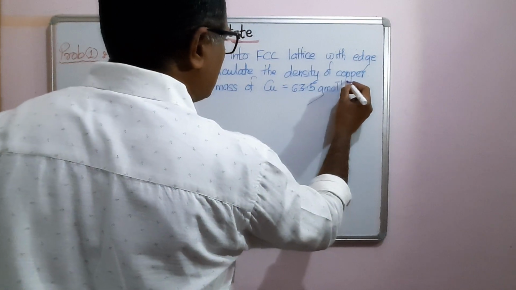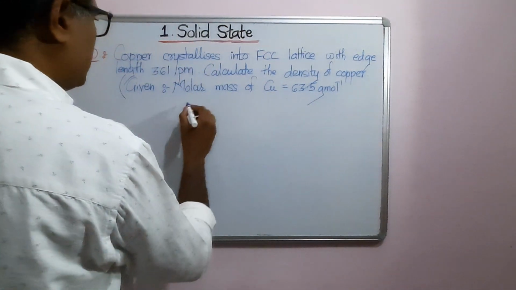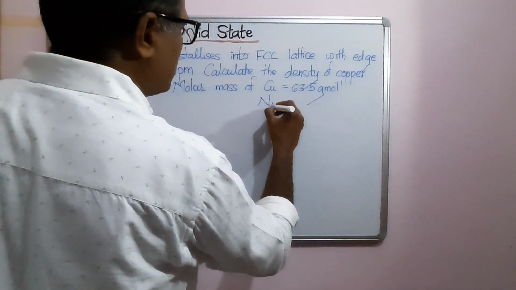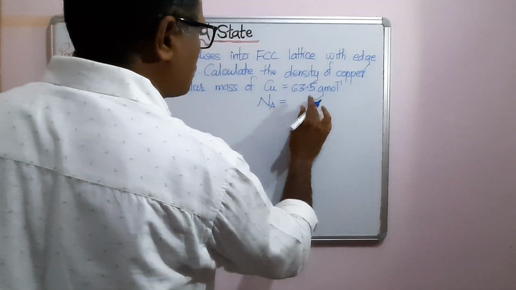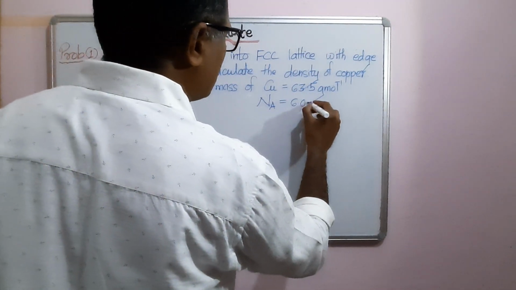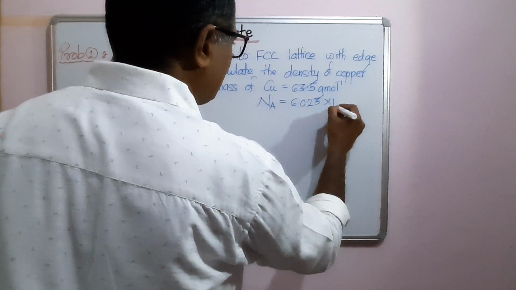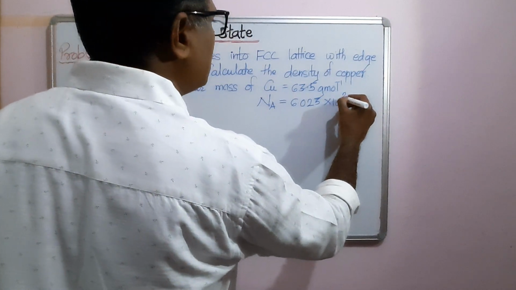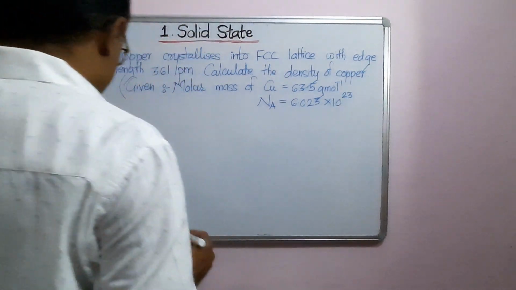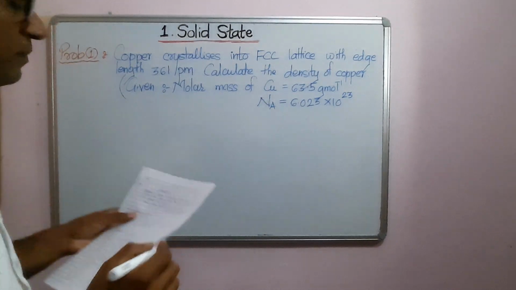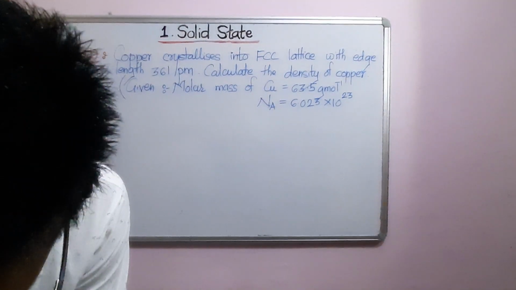And one more thing they have given, that is Na, the Avogadro number. So what is that number? 6.023 into 10 to the power 23. So this is the problem. Read it carefully and then solve.